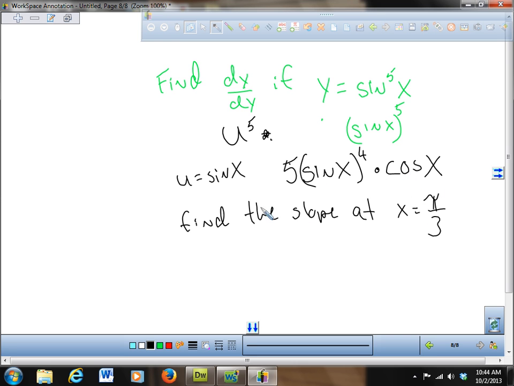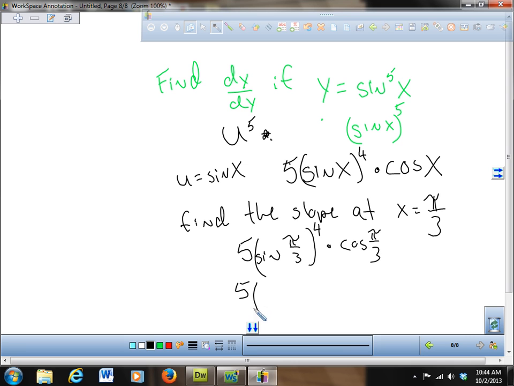Okay. Slope at x equals pi over 3. So what you want to do, it's 5 times the sine of pi over 3 raised to the 4th power times the cosine of pi over 3. Who remembers what the sine of pi over 3 is?